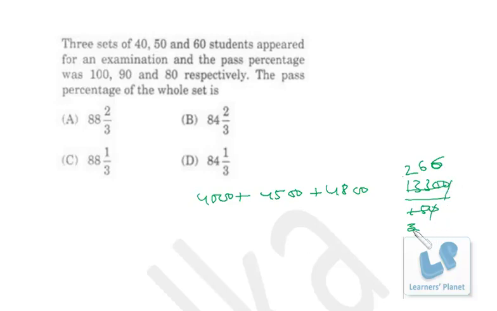So 3 8s are 24, then 2 3s are 6, 18, 80, 88, then our remainder is 2, so it is 88 2 by 3, right?